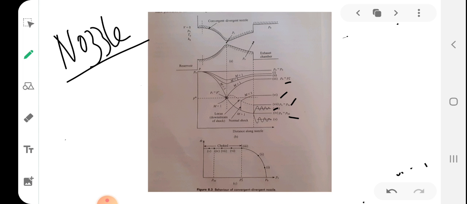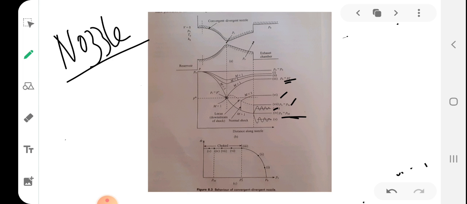So these three curves correspond to back pressure maintained between PB star and PBD. So what will happen? In this case, a normal shock wave occurs within or at the exit of the plane. Understood? Normal shock wave occurs within or at the exit of the plane.